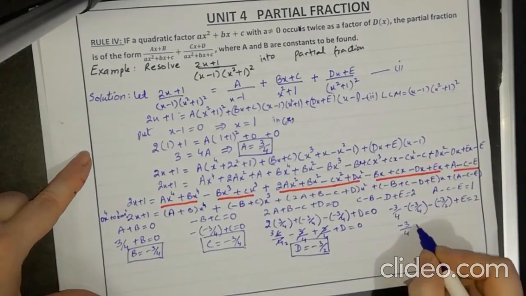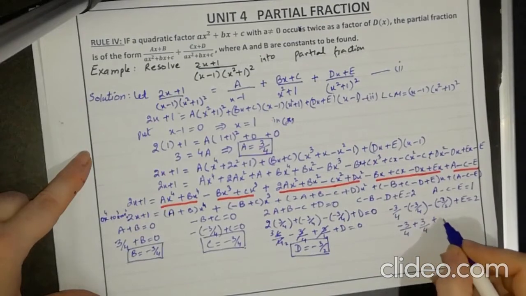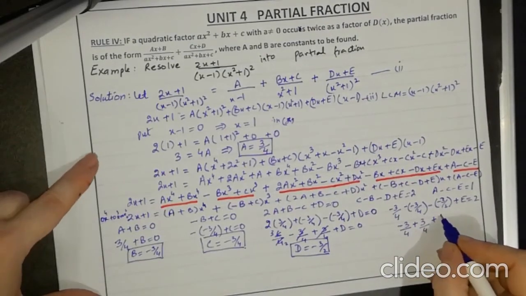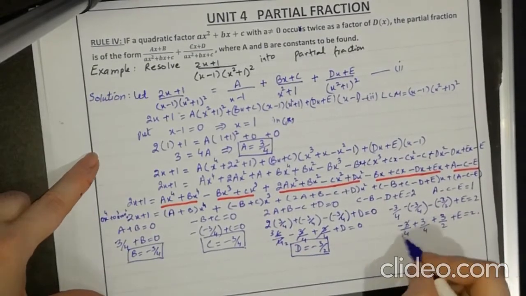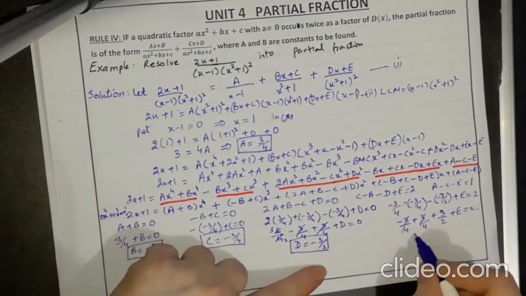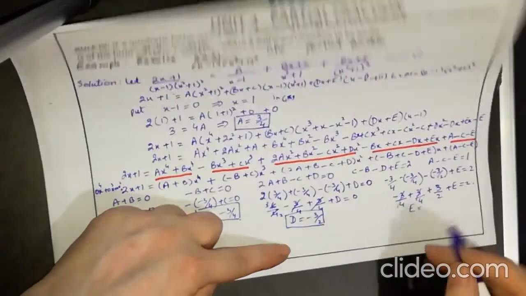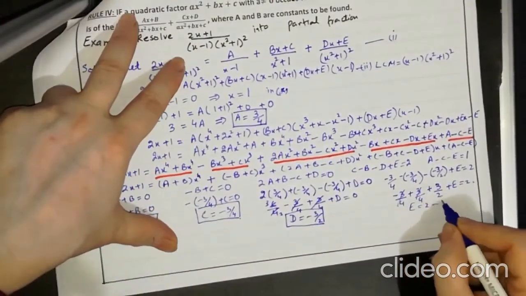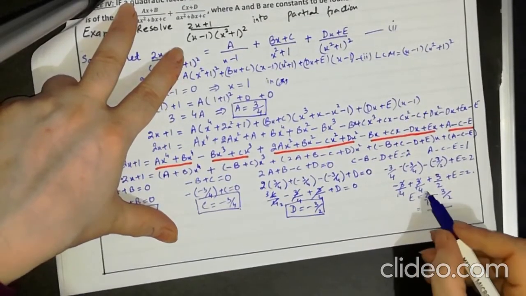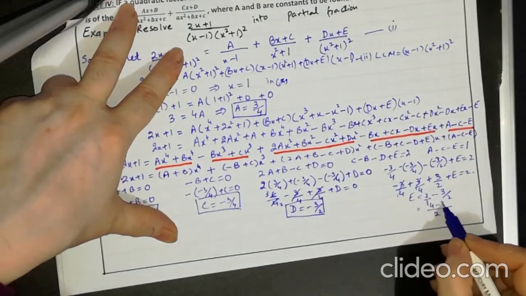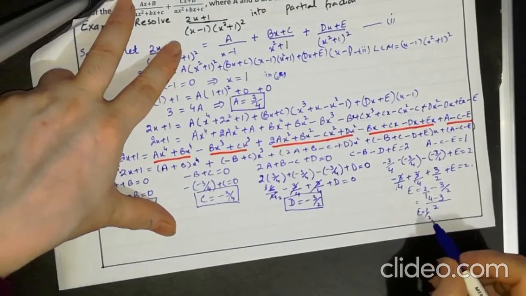So minus 3 by 4 plus 3 by 4, now plus 3 by 2 plus e is equal to 2. So this and this cancel. So e is equal to 2 minus 3 by 2. 2 means 2 over 1. Taking LCM, 2 2s are 4 minus 3. So e is equal to 1 by 2.